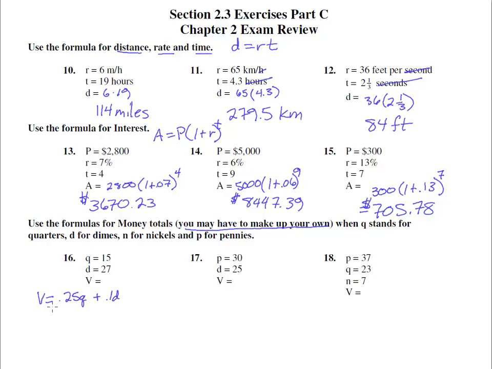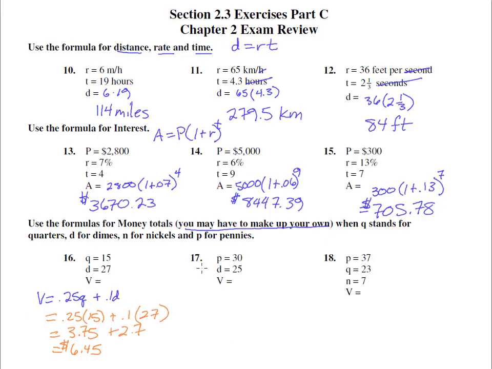So as we stick those in, we will get it equals 0.25 times 15 plus 0.1 times 27. So that'll equal 3.75, and you may need to punch that into a calculator, plus 2.7. When we add those two together, we get 2.7 plus 3.75 will be 6.45. So that is $6.45, and let's check our answer.